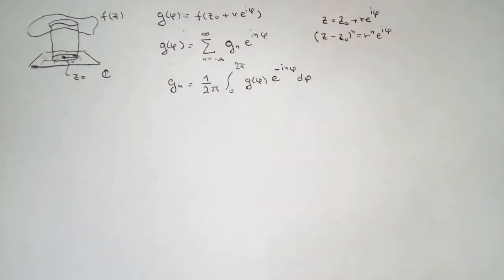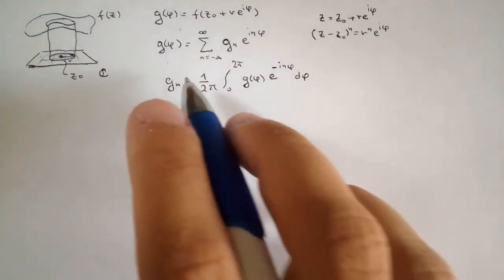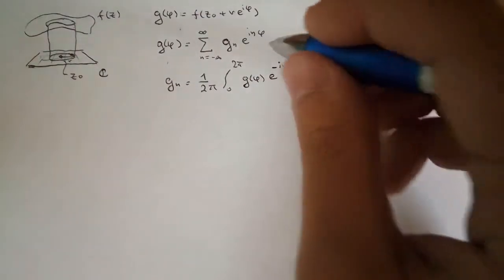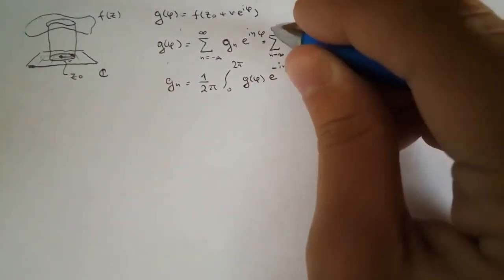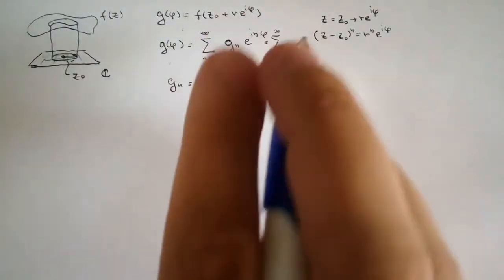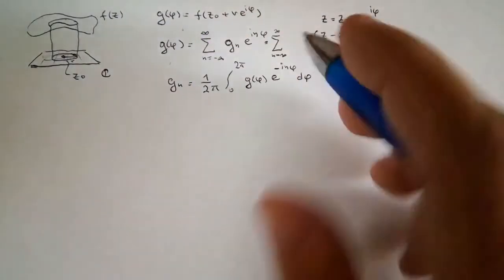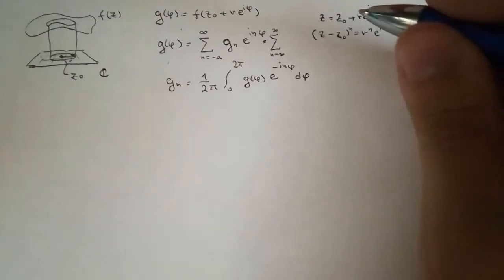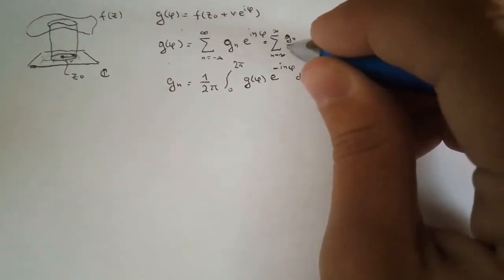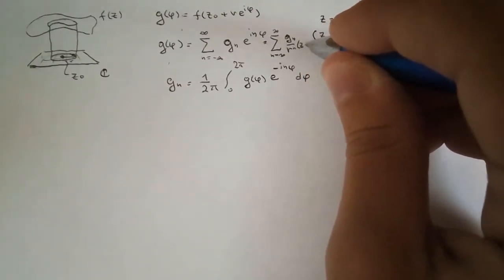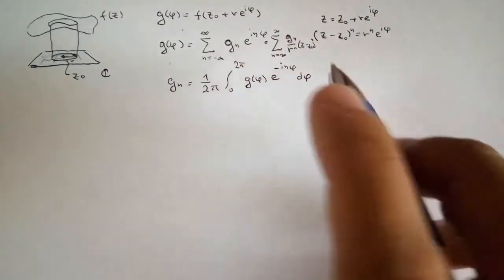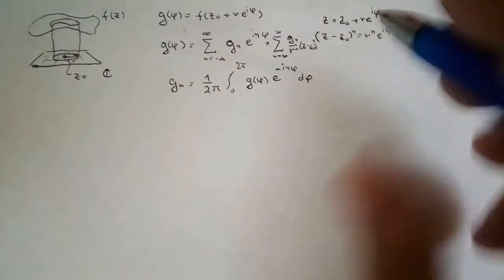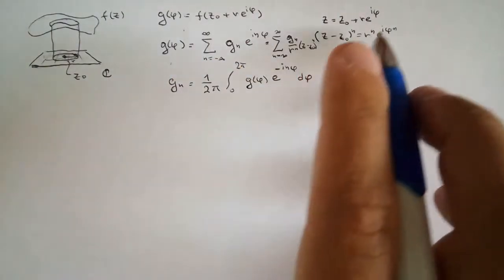You clearly see that equation, so you can plug it in, and you will get that this series is equal to the sum from minus infinity to plus infinity of g of n divided by r to the nth power times (z minus z0) to the nth power. Well, this is the formula, because this is to the nth power, there should be n, so this is n.